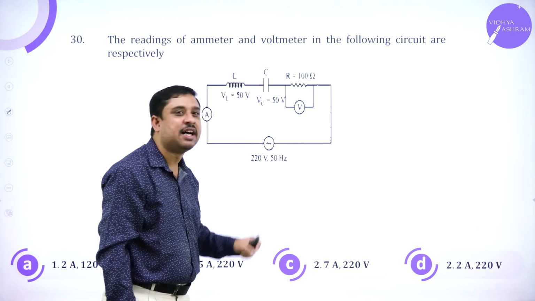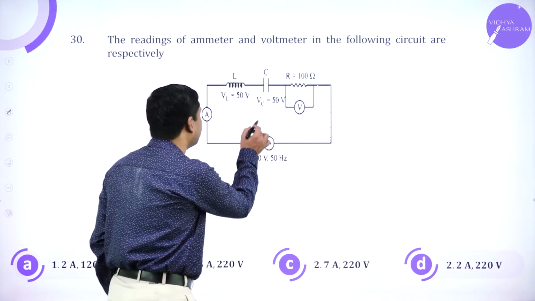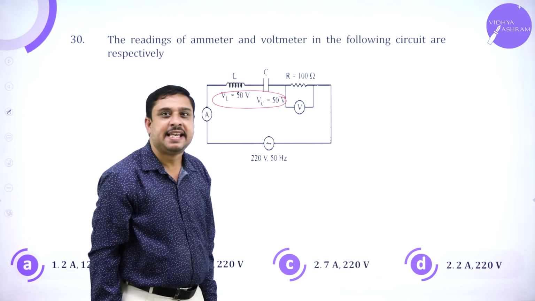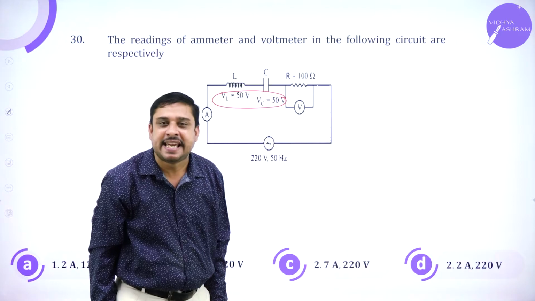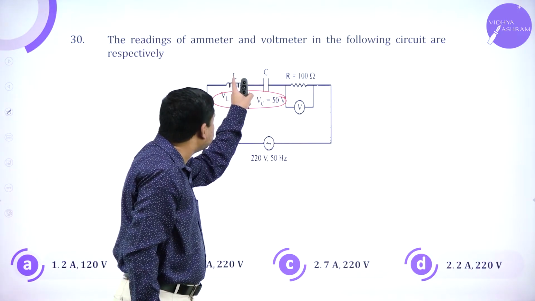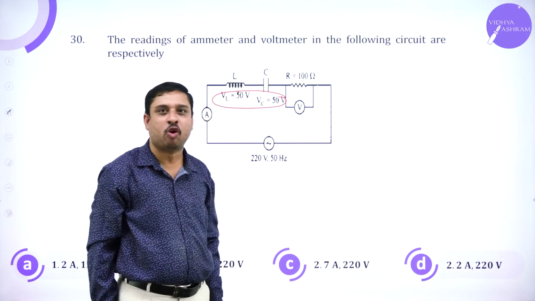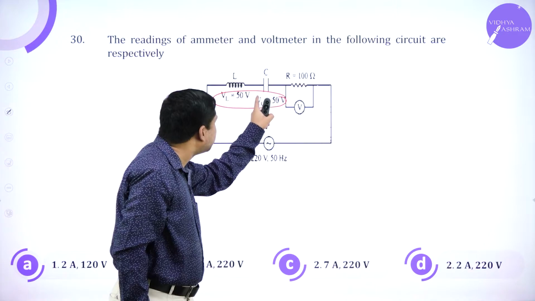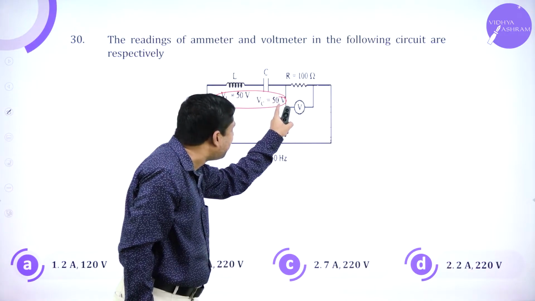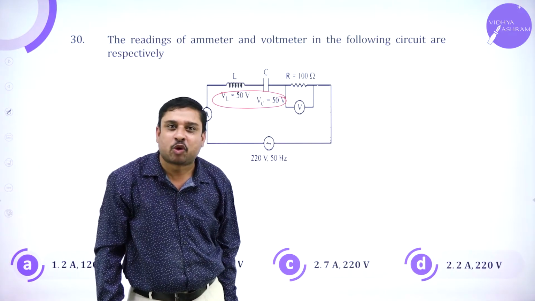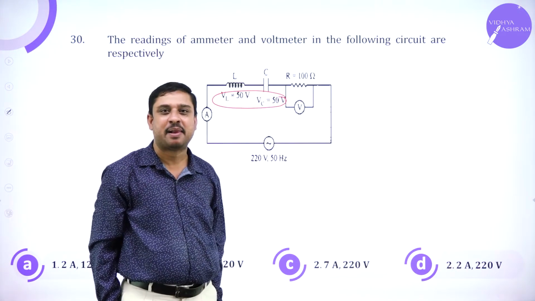If you observe the circuit, VL is equal to VC. Potential across the inductor is 50 volts. Potential across the capacitor is 50 volts. So VL is equal to VC.